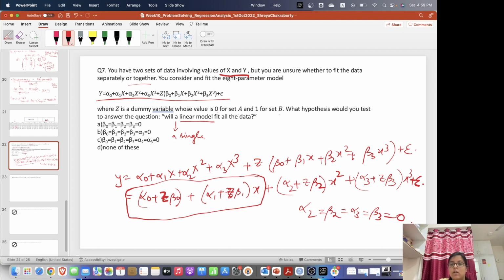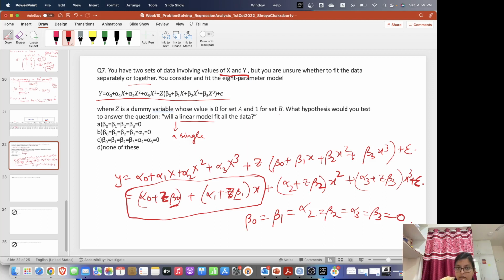It is 1 for set B and 0 for set A. But if the terms with it are also set to 0, then the contribution of the z term would not matter, and we could fit a single line, alpha naught plus alpha 1 x, for the entire data.